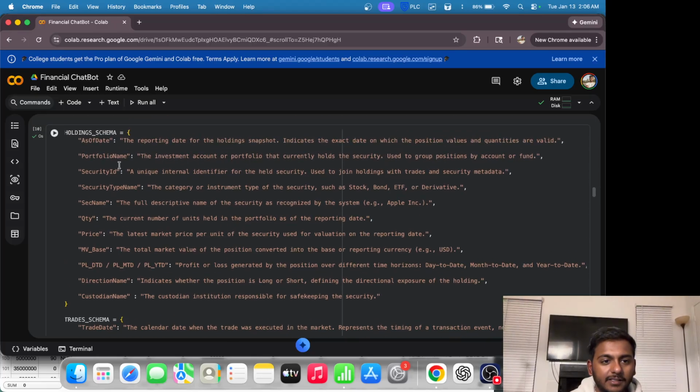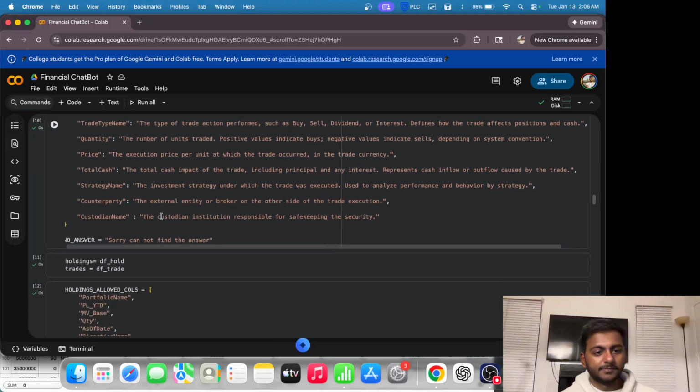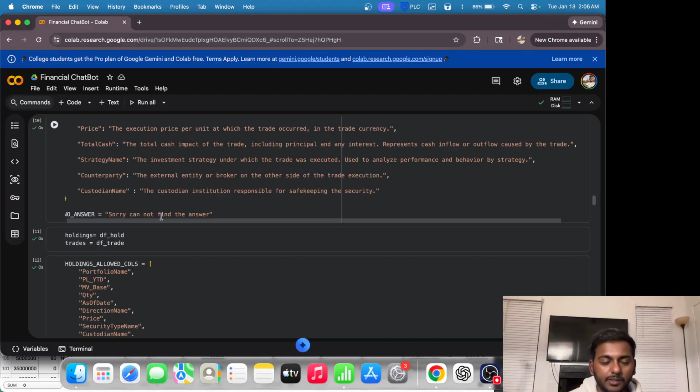So here we have as of date, reporting date, holding, and so on and so forth. Basically price, the latest market price per unit of the security used, PL, DTD, YTD, everything is defined here. So the idea was to eliminate hallucinated columns and force the planner to operate inside a closed world.